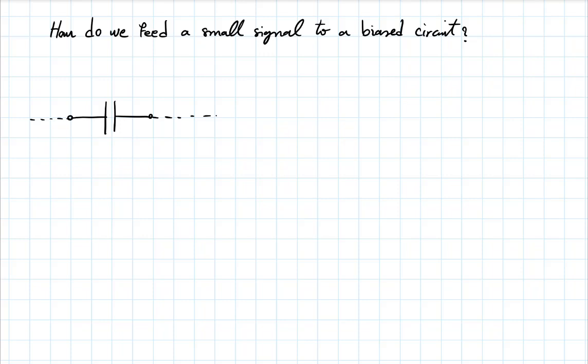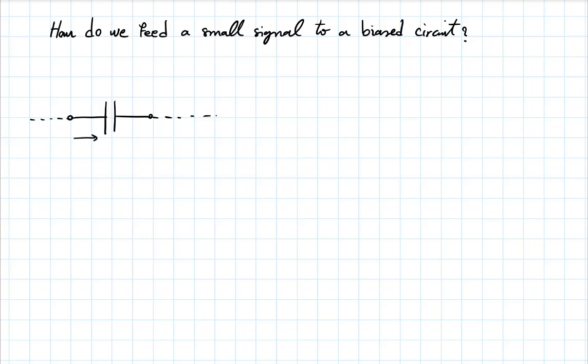If things are in DC operation, if you have a circuit in DC and it has a capacitor, what is the current going through?